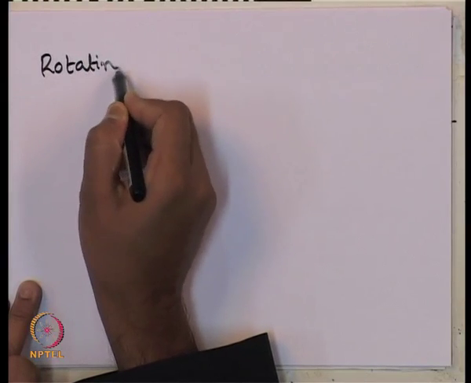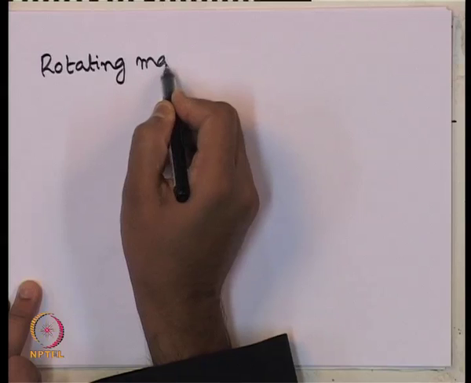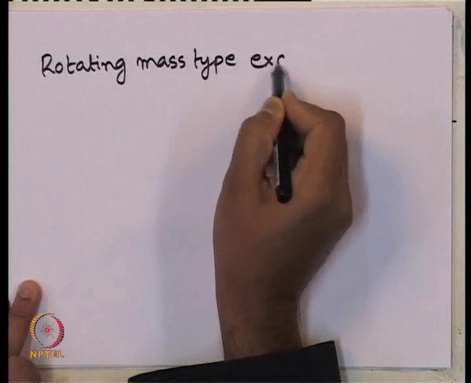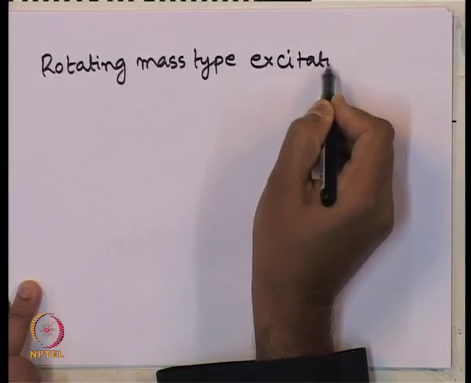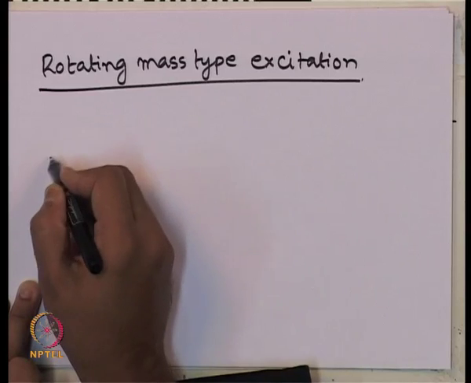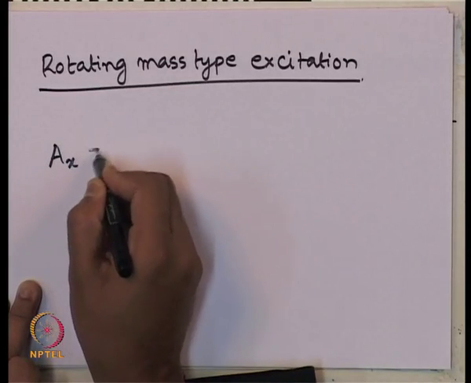For rotating mass type excitation, what is the expression for A x?